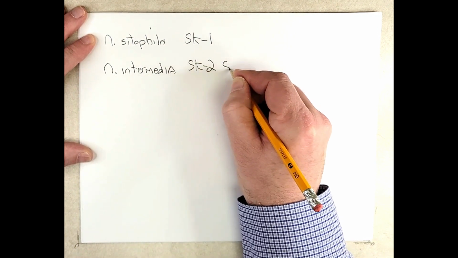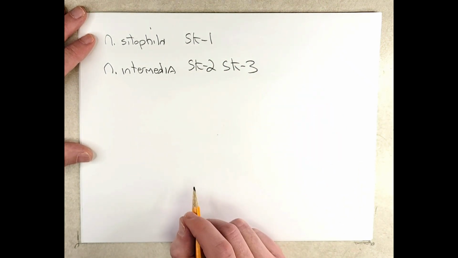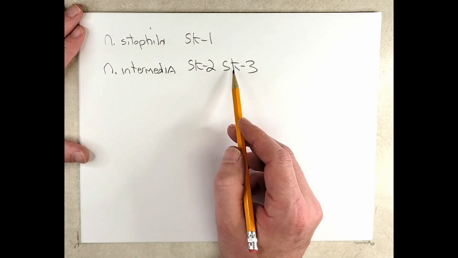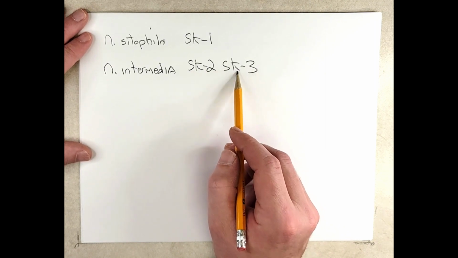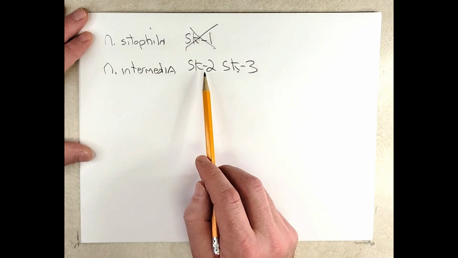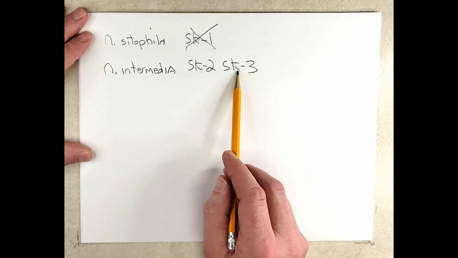They also discovered SK3 in that species. Currently in my lab, we focus just on SK2 and SK3. And for the undergraduate project in spring and fall of 2023, we are just focusing on SK3. So I'm going to cross this one out for now. The upcoming information I'm going to give you is going to refer mostly just to SK2 and SK3.